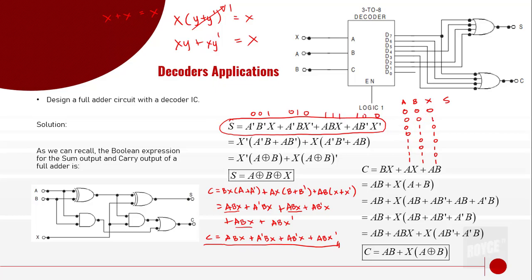So 0, 0, 1, ito yun. 0, 1, 0, 1, 1, 1, tsaka 1, 0, 0. Ayan. And then yung C natin, nasaan naman yung C? 1, 1, 1, 0, 1, 1, 1, 0, 1, tsaka 1, 1, 0.